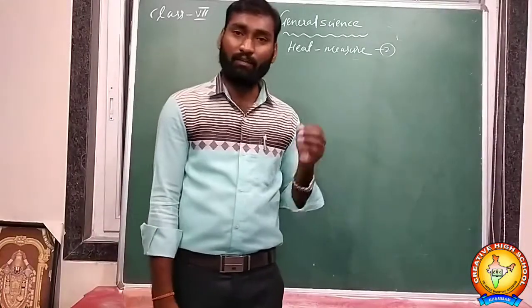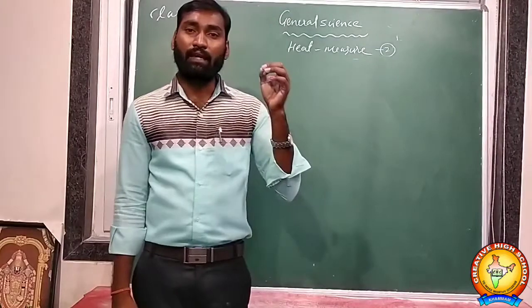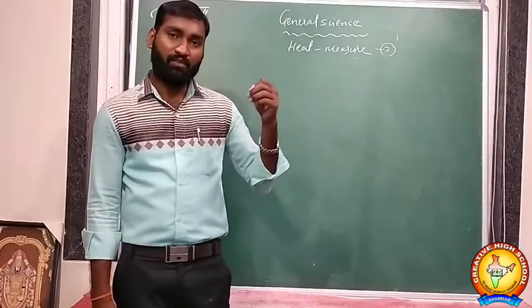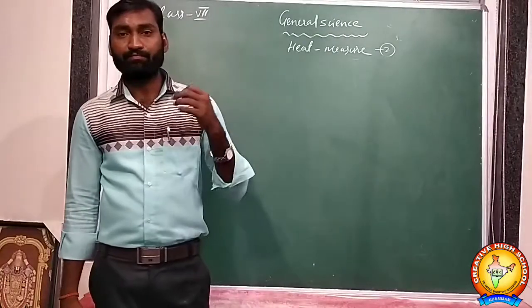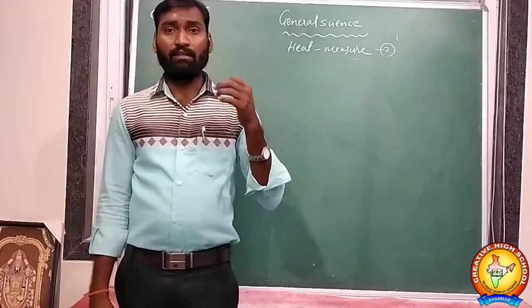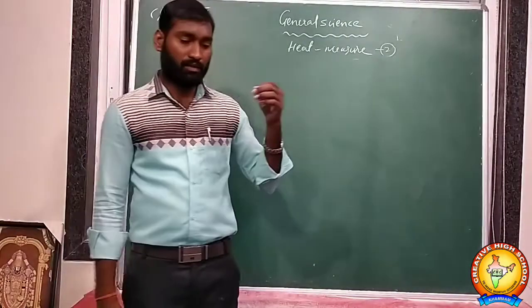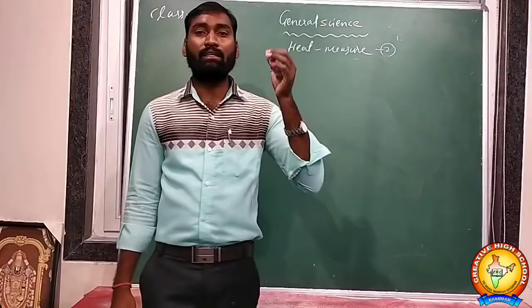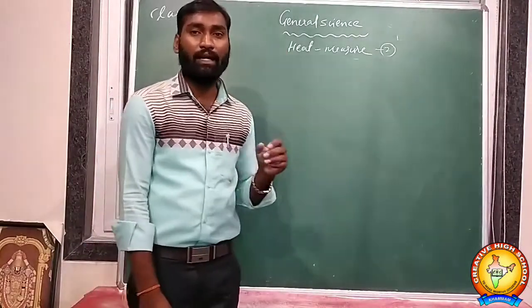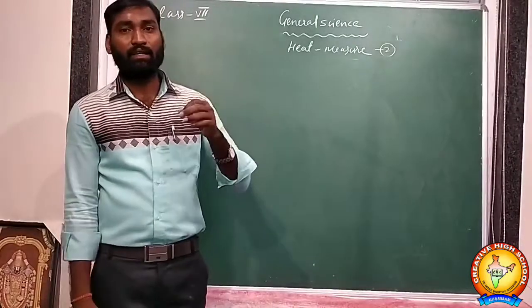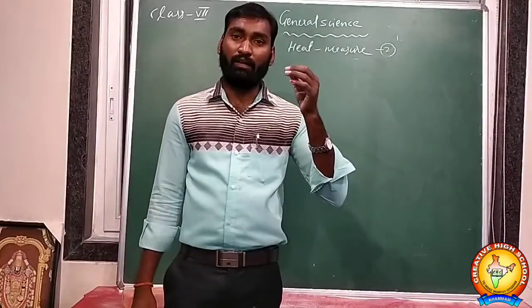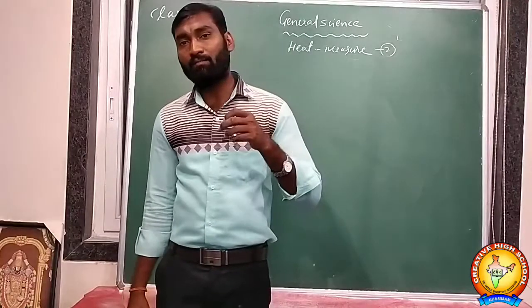The clinical thermometer's calibrations are in Celsius and Fahrenheit. In Celsius it is 35 to 45, and in Fahrenheit it contains 95 to 108.